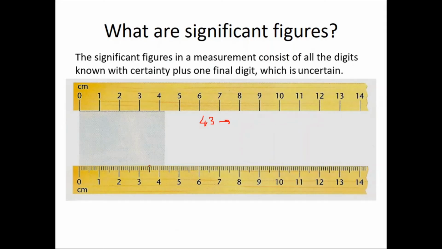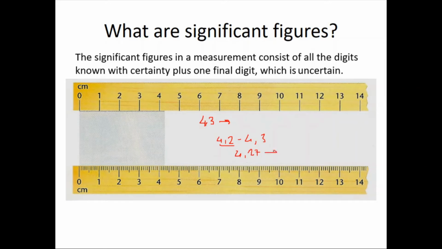In this case, now we know that the exact value is more than 4.2 and less than 4.3. We exactly know 4.2, and we have to estimate one more digit. For example, we can say it is 4.27, something like that.